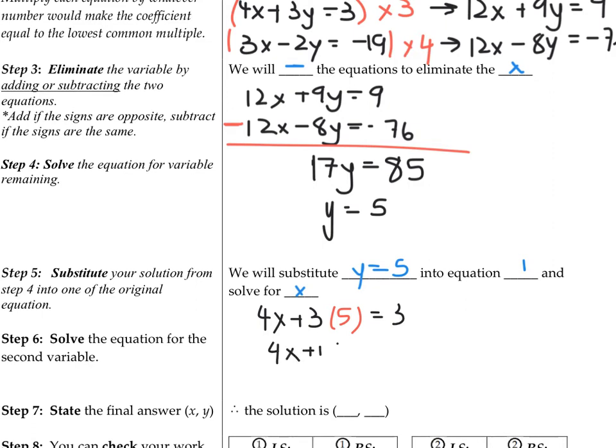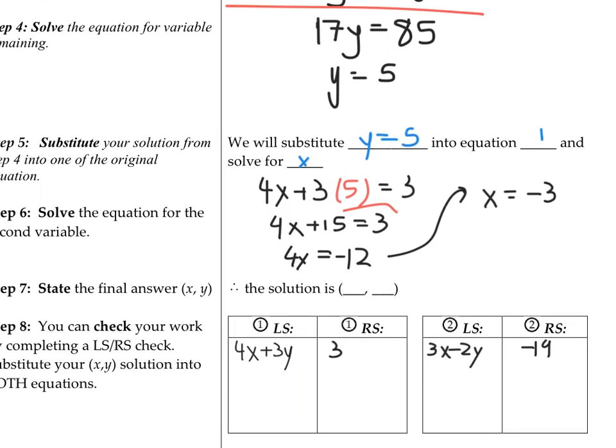So 4x plus 15 equals 3. We can bring that 15 over, and when we do, we have 3 minus 15, which is negative 12. Divide out that 4, and negative 12 divided by 4 is negative 3. So our solution is negative 3, 5.